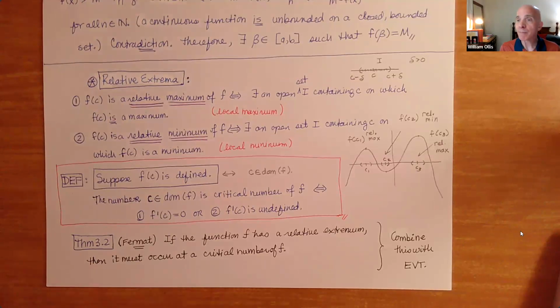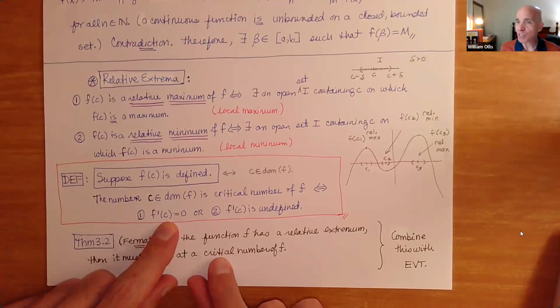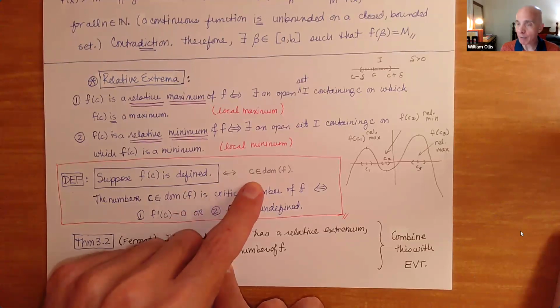Of course, the critical numbers must be in the domain. Okay, so when we identify a zero of the derivative and we're like, okay, that is an element of the domain, we have a critical number. It is important to make sure that if you designate a critical number, not only is f prime of c 0 in the first part, but c must also be in the domain of f.